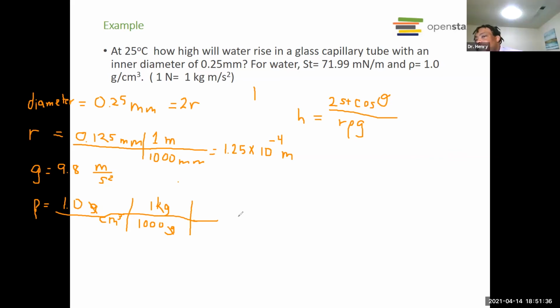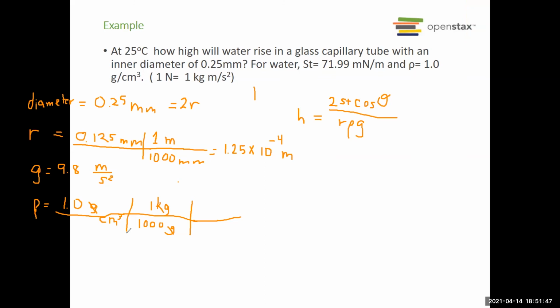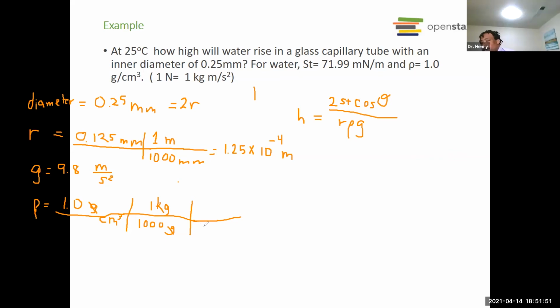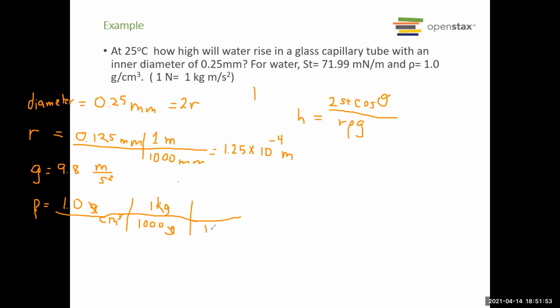And what about this cubic centimeter? How am I going to get rid of that and get meters? It would be 100 cubed. Wouldn't it be on top to cancel out the centimeters? Yep, you're right.